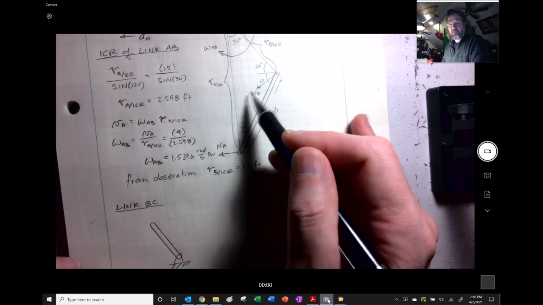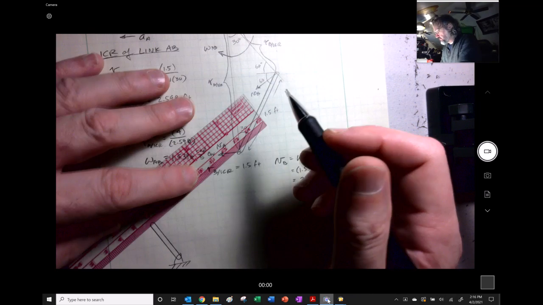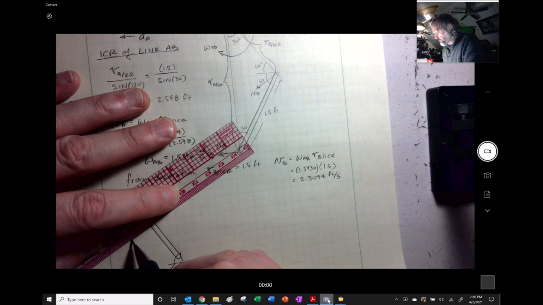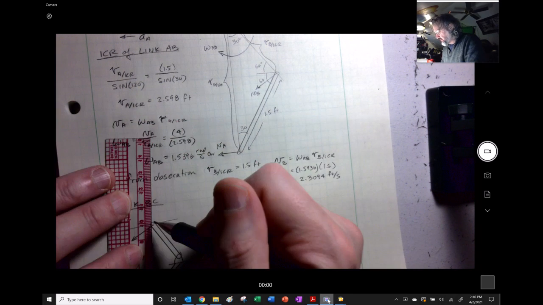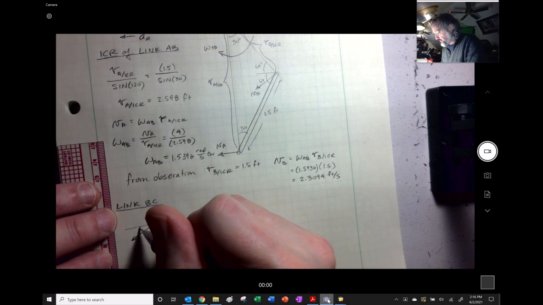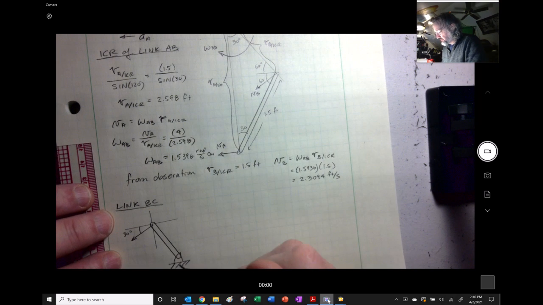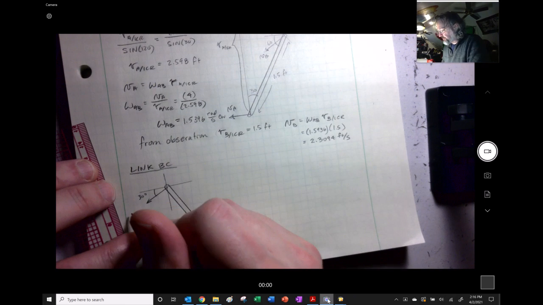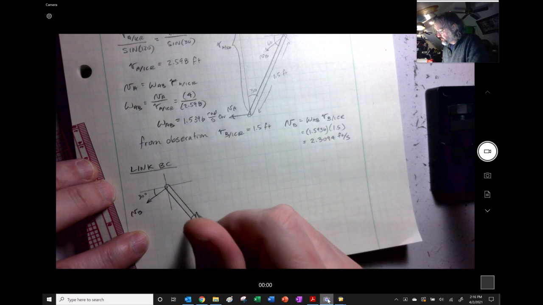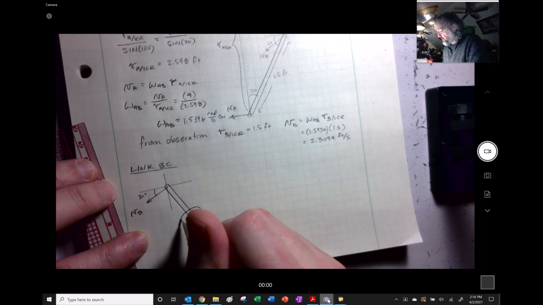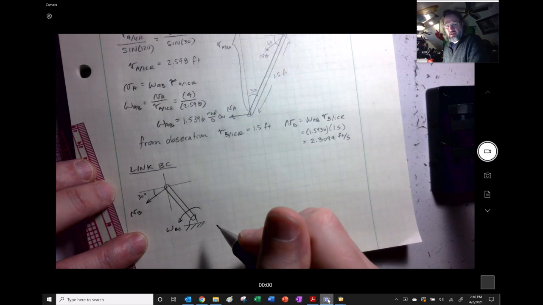We know the velocity is coming down and to the right. And by the way, we know these angles right here. This is 30 degrees. And this is the VB right there. So from that, we could tell that omega BC is coming in that direction.